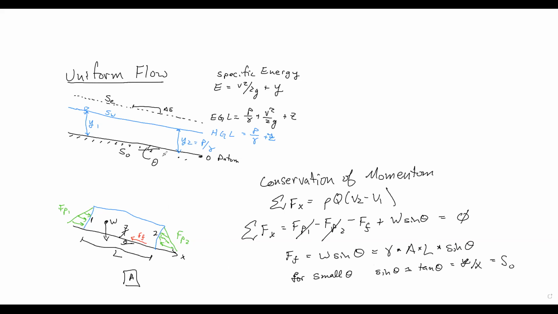So S naught is just the bed slope. That's rise over run. And so we'll plug that in, and so we say gamma A L S naught. All right, we're going to hold that one for later, and we'll bring it back in just a second. This is going to be the term for our weight force in the x direction.